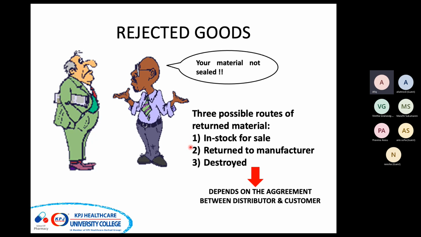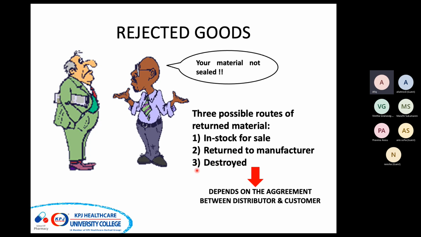Number one, it will be put in stock for sale, meaning you want to sell it to other people. Number two, you return it to the manufacturer, the supplier, saying I don't want to receive this. Number one means you still receive it but don't use it for your production, you just sell it back. And number three, it is straight away destroyed.